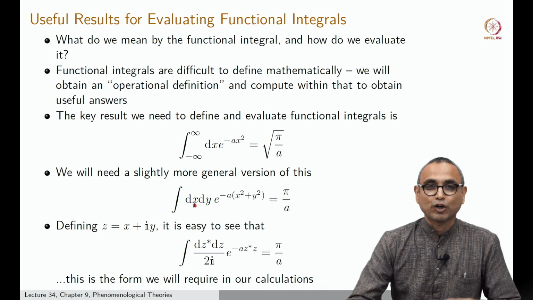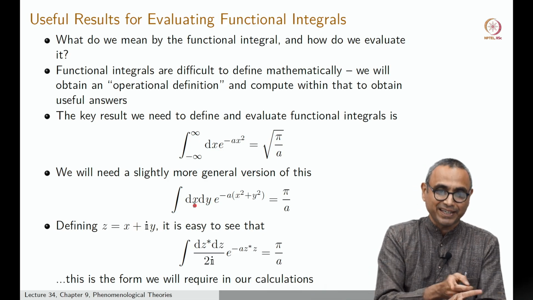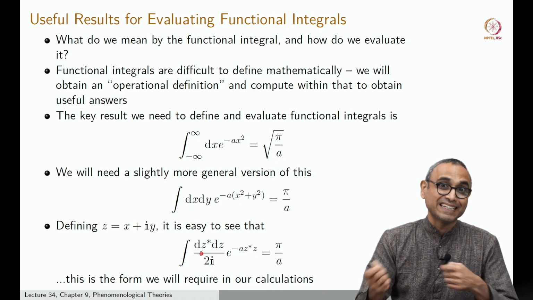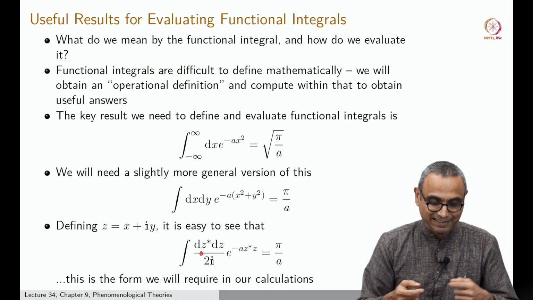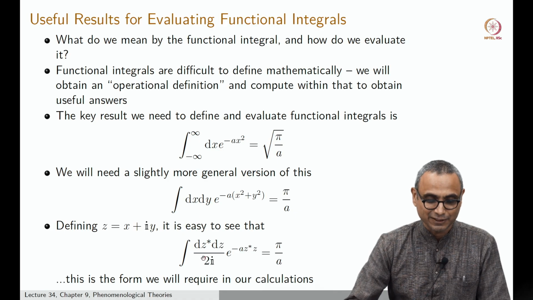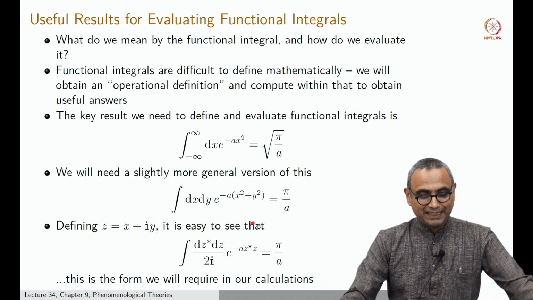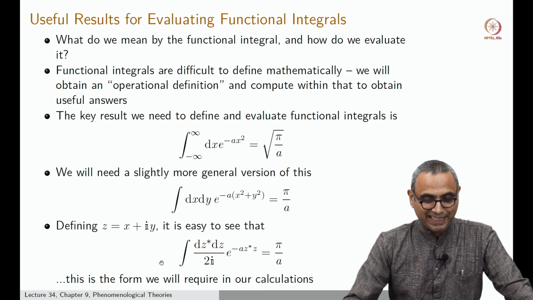So this must be thought of as the area element dx dy. So you must compute the area element between dz star and dz, and that you can do as a small exercise and show that dz star dz by 2i will be dx dy. Okay. So this is the main result that we need.